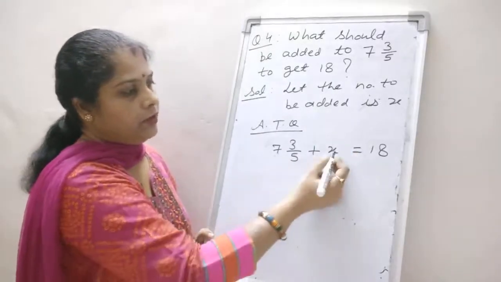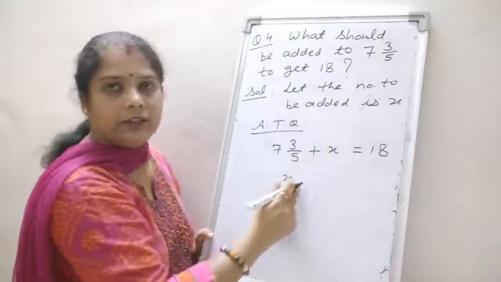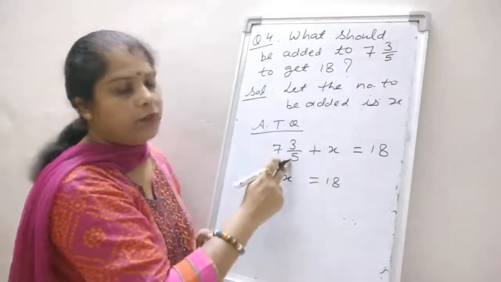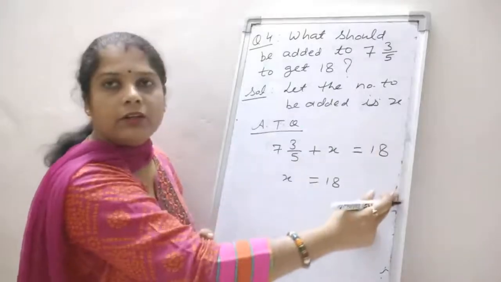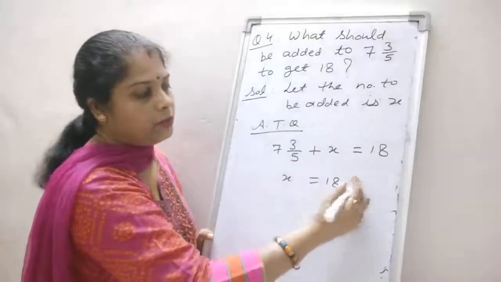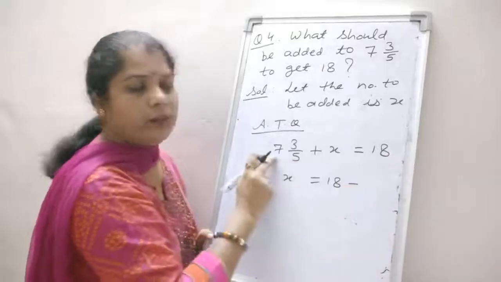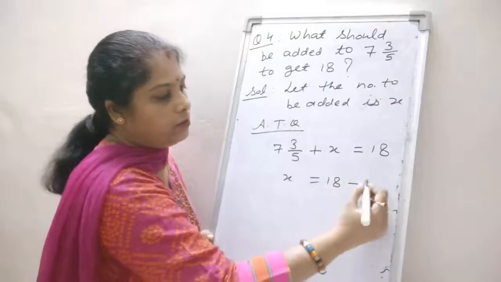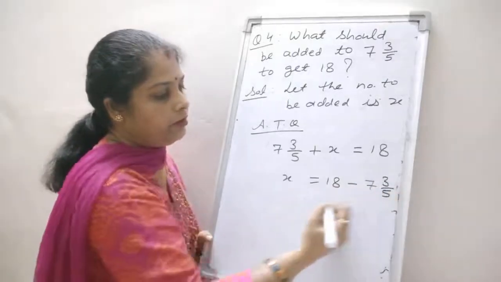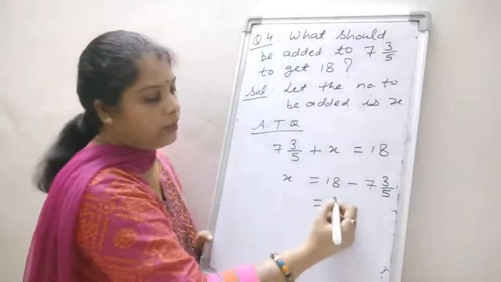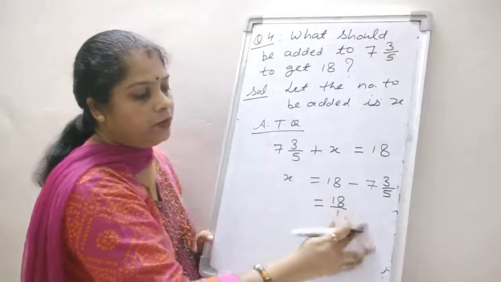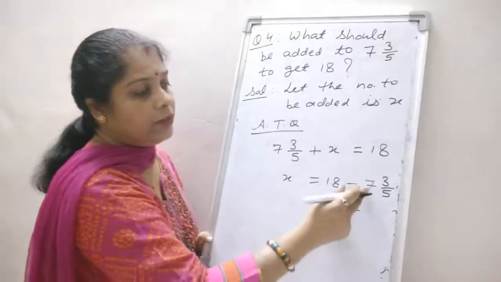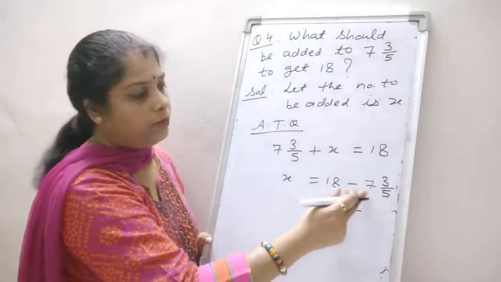Now here x will remain at the same place, 18 will remain at the same place, and this 7 3 by 5 we will take on the right hand side, means we will transpose this number. So here it is positive, when we take it there it will be negative. So minus 7 3 upon 5. Now 18 we can write as 18 upon 1, 1 we write in the denominator, and minus this we will convert into improper fraction.